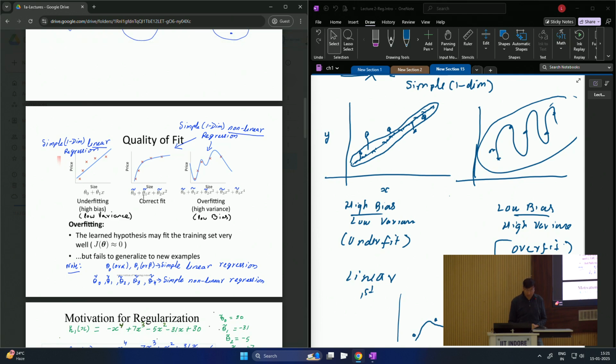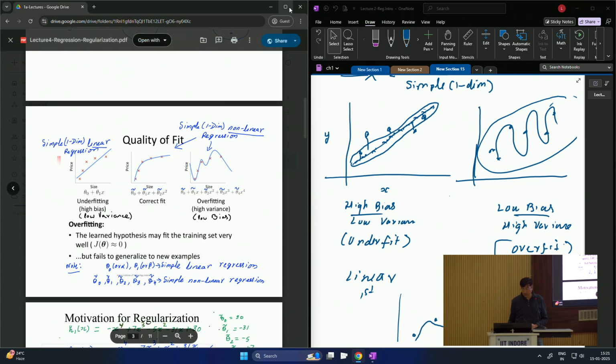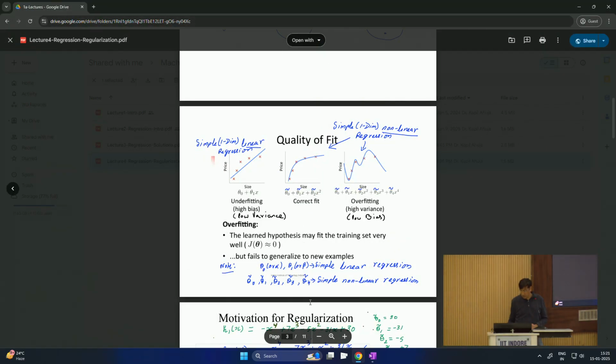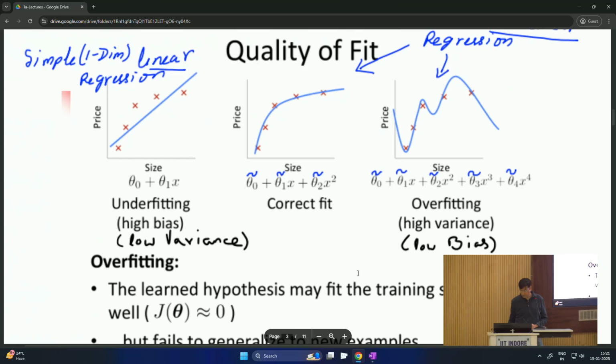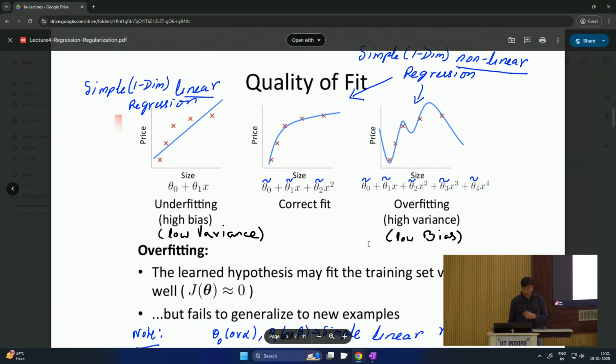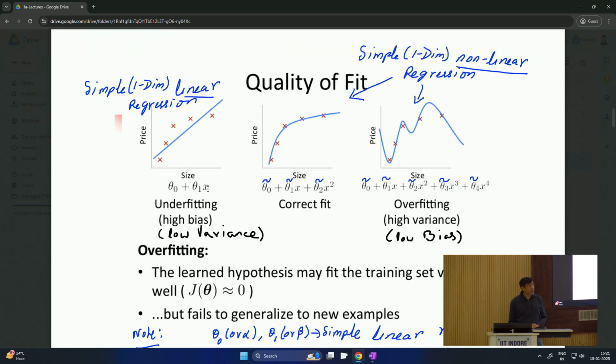Here, remember, what we are doing is non-linear. The people at the back may not be able to see, so let me make it bigger. This is linear, alpha, beta, which we used in the one-dimensional case, theta naught, theta 1.